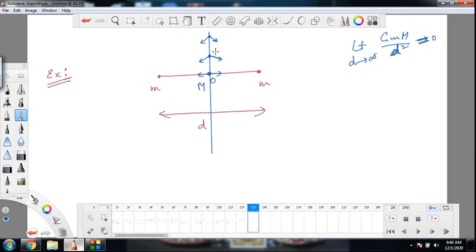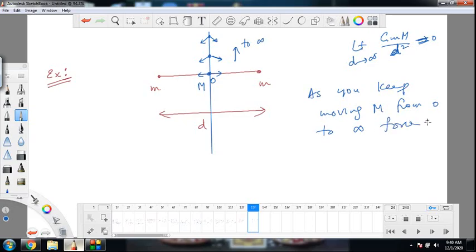So as you keep moving M from O to infinity, force goes from 0 to 0.